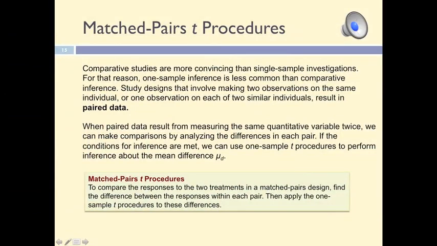Everything that we have discussed so far in this presentation was very similar to what we learned about Z procedures, with some modifications. The t-distribution is also used for a different type of statistical test, which is called a matched pairs test.